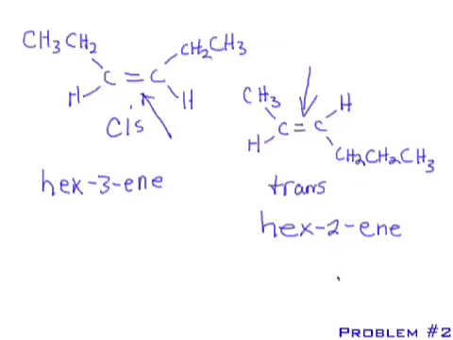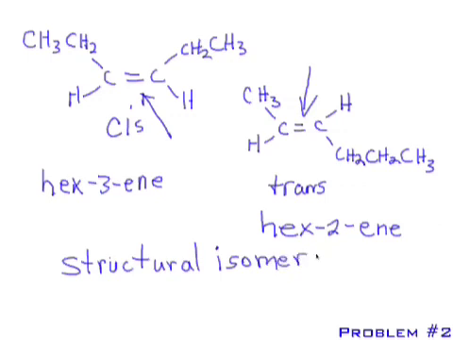Because they are structurally different and the position of the double bond is different, they are called structural isomers. And so structural isomers is the identification for the relationship between the second pair of molecules that you were given.